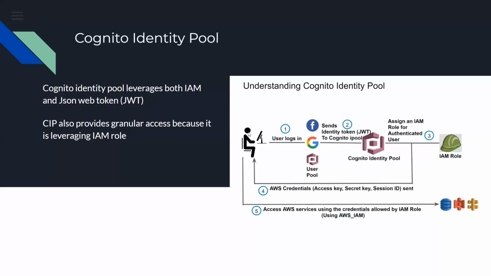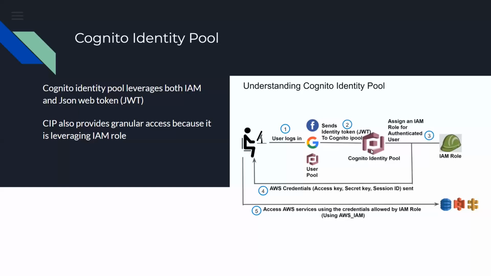So the first action is that the user will try to log in. Let's say you log in using Facebook, Google, or using your user identity pool. When you log in, it sends an identity token, JWT, to the Cognito Identity Pool, like the login you did the first time in the case of the Cognito user pool.